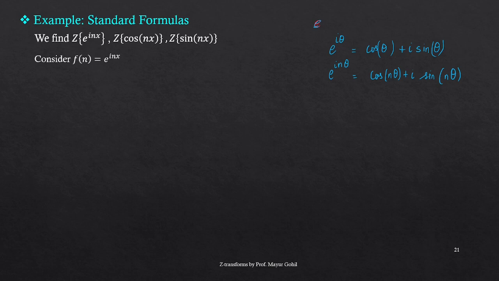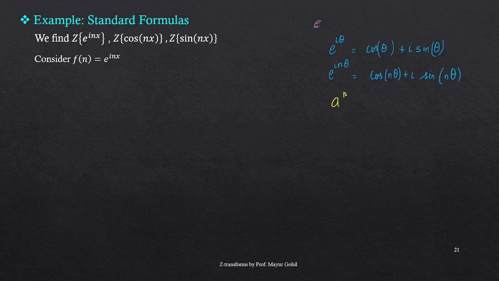The first thing, we consider the function f of n equals e to the power i n x. Okay, i n x over here. Now when we see this, we can see this with the help of laws of indices. Now what are laws of indices? They are some very simple rules which you learn at school level.